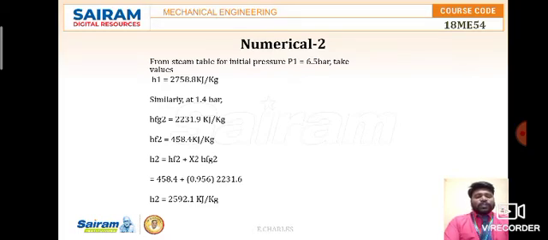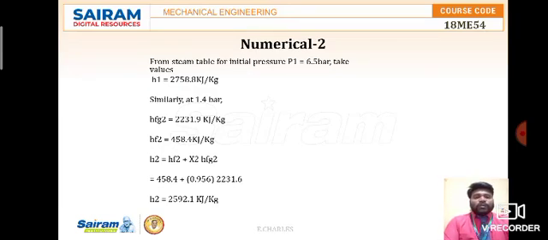All these values are known to us, so we substitute and get H2 as 2592.1 kilojoules per kg. This is how we find the final enthalpy.